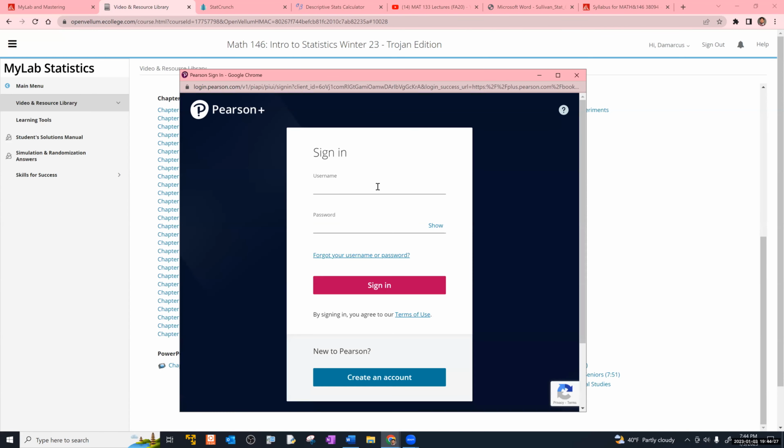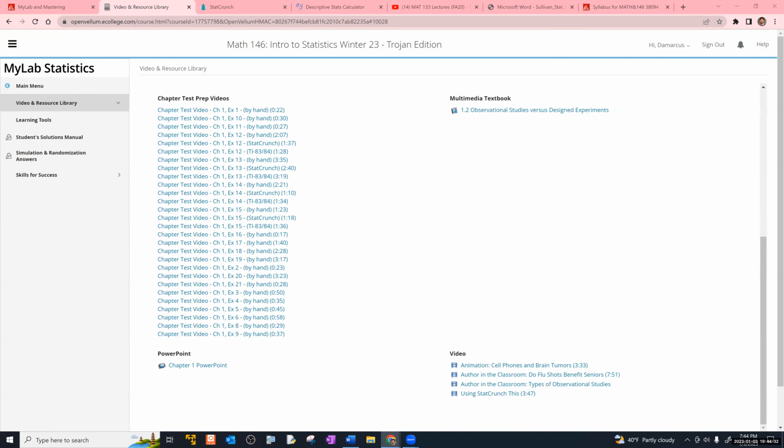Looks like it won't do it unless I sign in. Let me see if I can actually get in. I'm not going to know the password. Let me try one more. Wow.